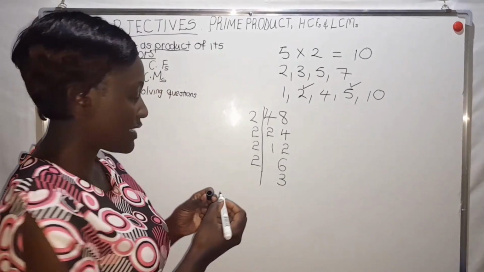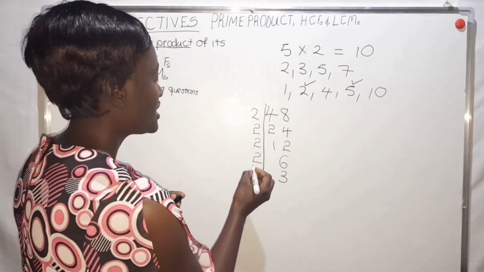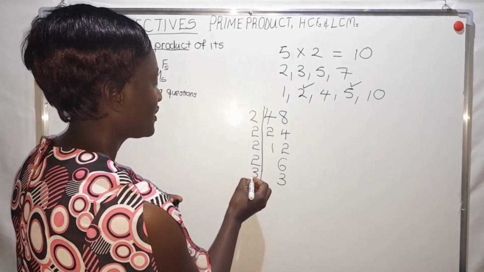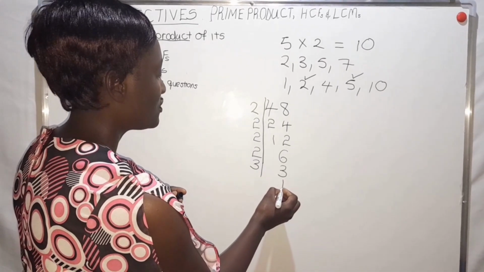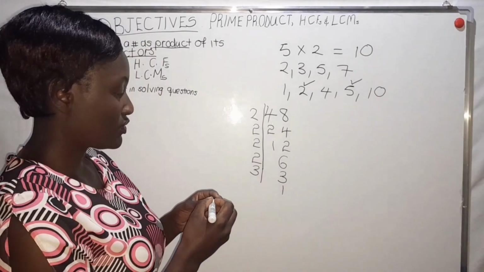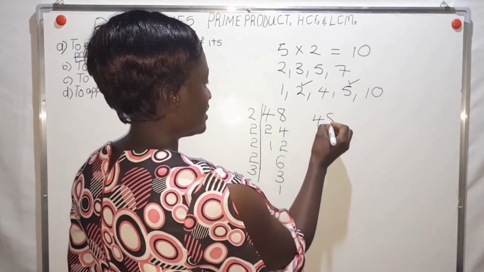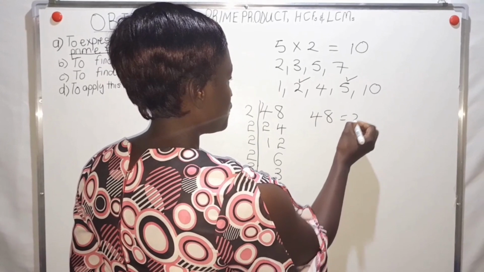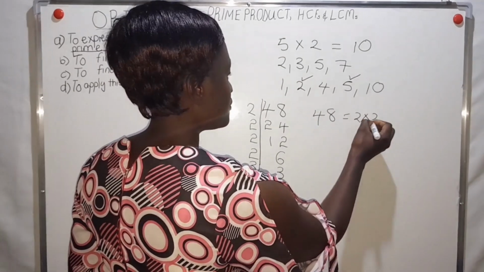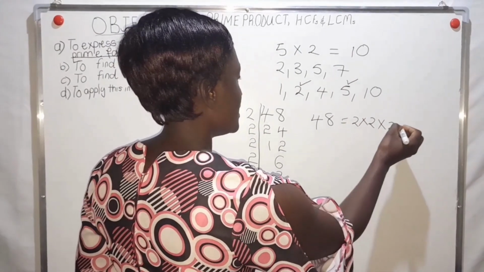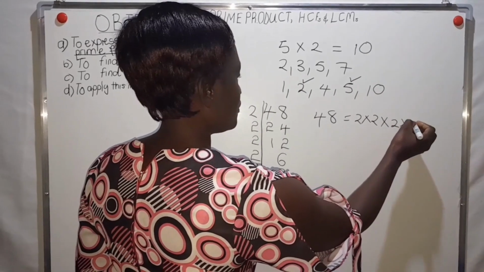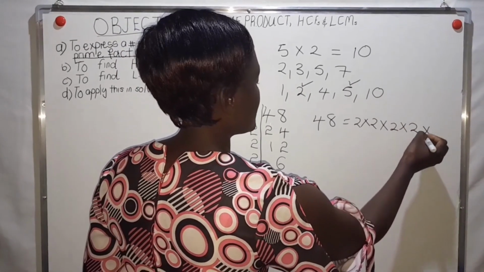The smallest prime factor for 3 is 3. So we divide till we get 1. So it means 48 is equal to 2 times 2 times 2 times 2 times 3.